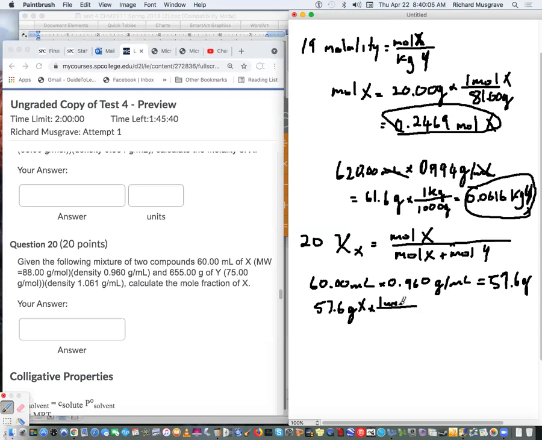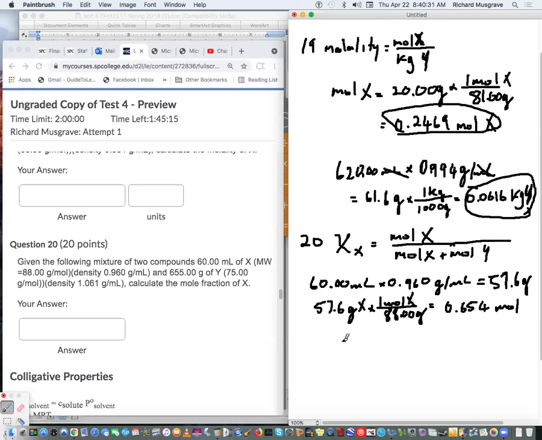And that's times 1 mole of X over the molecular weight, which is given to us here, 88.00 grams. And I get 0.654 moles of X.